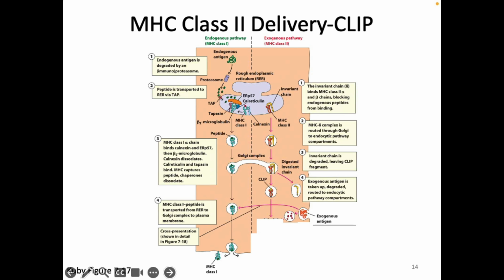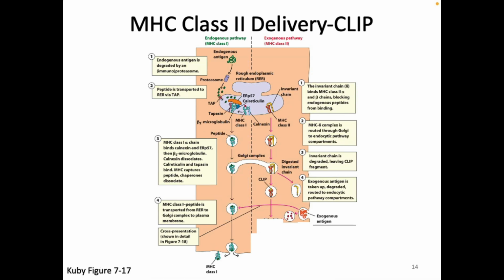But now you can also see that we're going to have a bit of another problem here. So here you can see the antigen coming in after having been phagocytosed. It's going to meet up with MHC class 2 with CLIP.